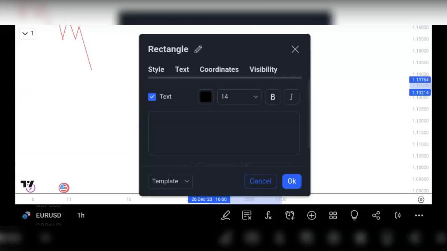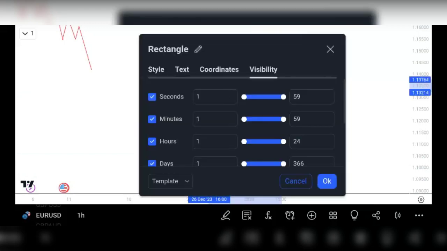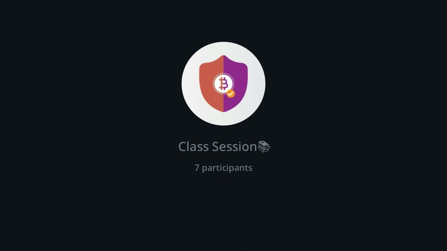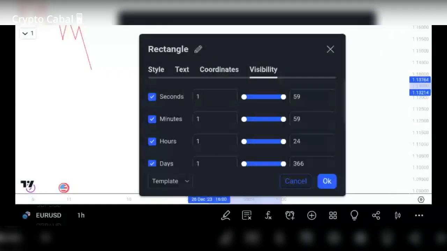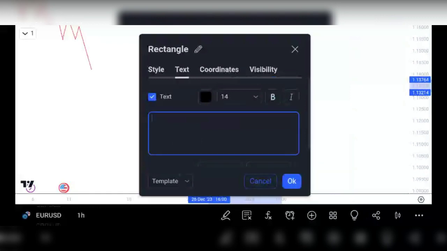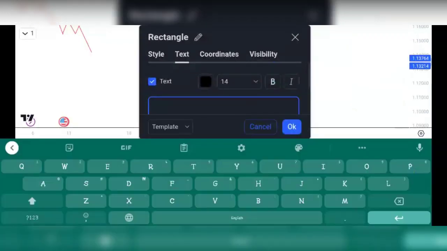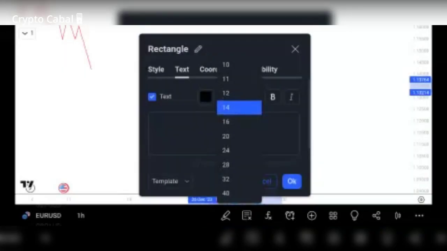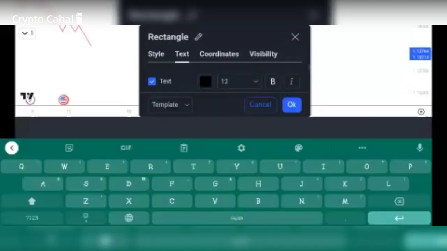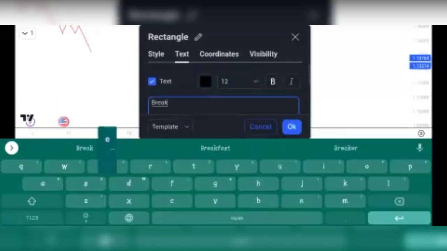So this is what we call a breaker block. Initially you can see an order block that failed to push price to the upside. That is a bullish order block that failed to push price to the upside, and price breaks through it. We can refer to it as a breaker block. But not every one of them is referred to as a breaker block, because some are not valid breaker blocks.